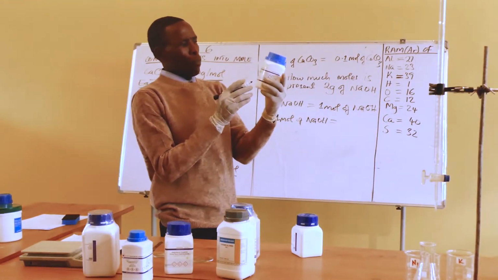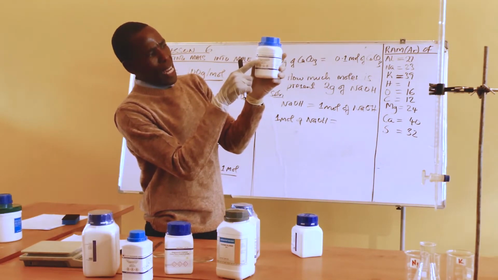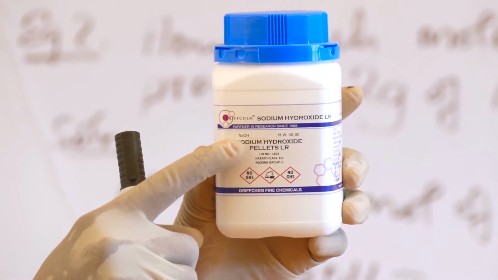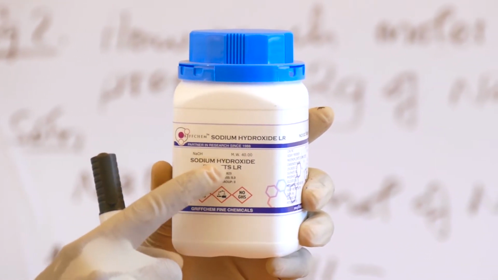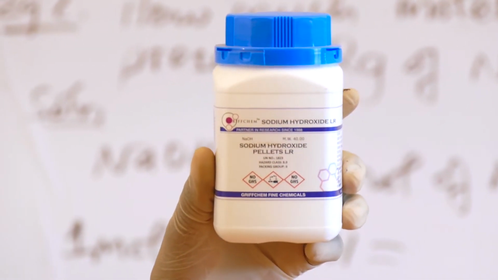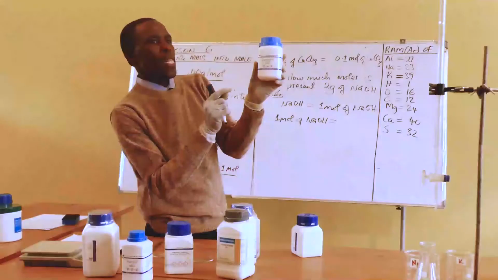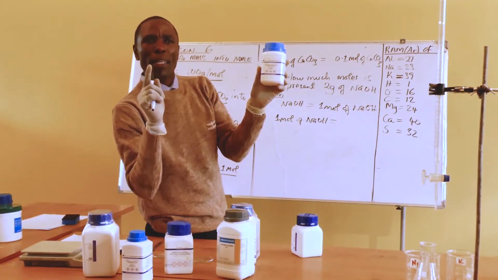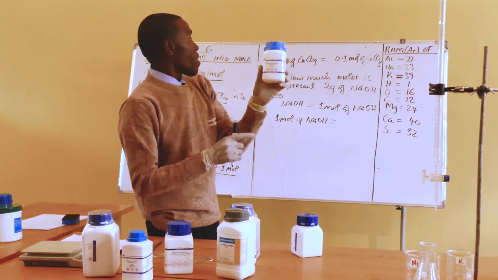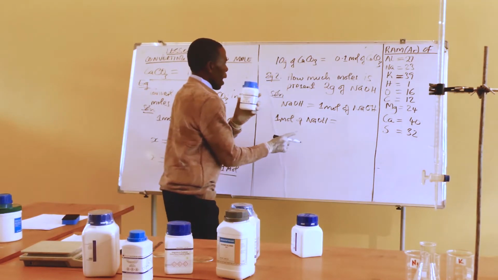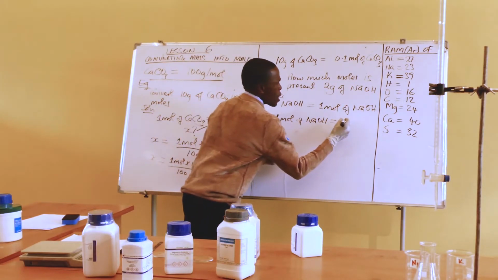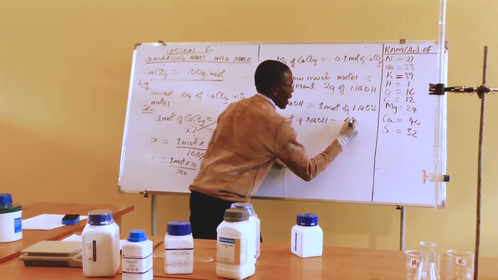Look here, this one is sodium hydroxide, and this is its basic formula, NaOH. In front of it, you find MW 40. That 40 is the molar mass of sodium hydroxide. So 1 mole of sodium hydroxide is equal to 40 grams.